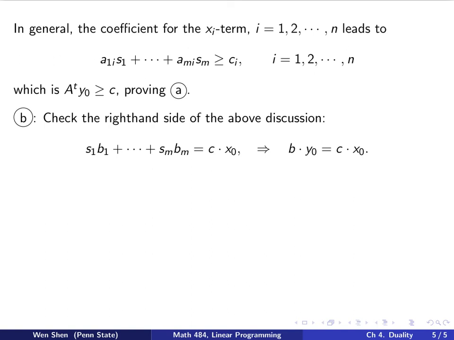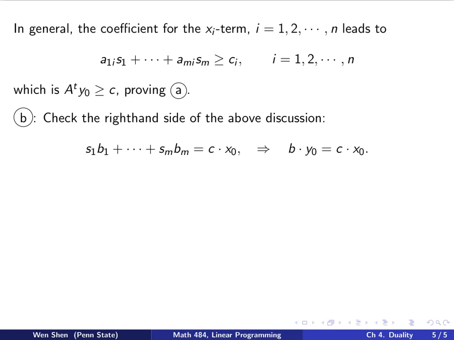Okay, now let's prove claim B. We can simply look at the right-hand side of the above discussion. That is, these m plus 1 equations, I add up to obtain the new form of the objective function.